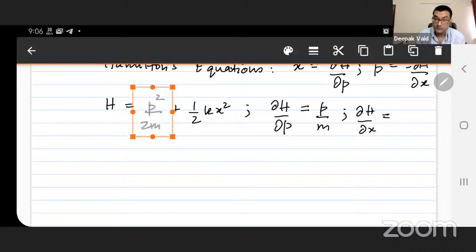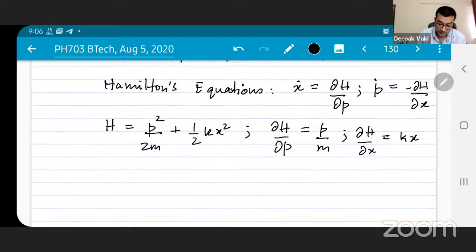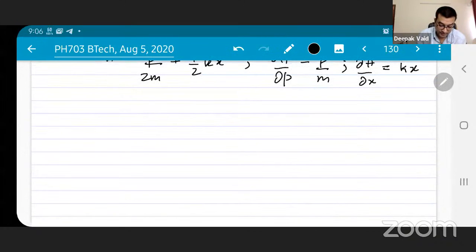The first term does not depend on x, it will give you 0, and the other term will just give you kx. So substituting these expressions in Hamilton's equations, I find that x dot is equal to p by m, and p dot is equal to minus kx.